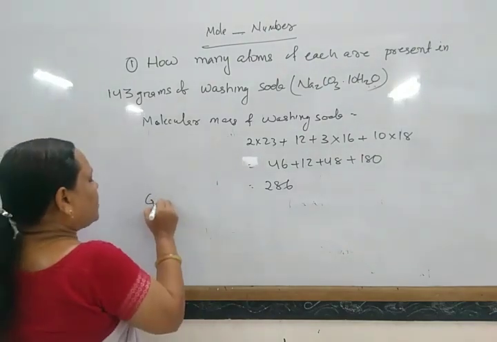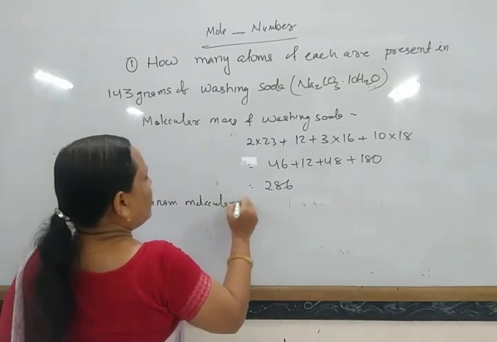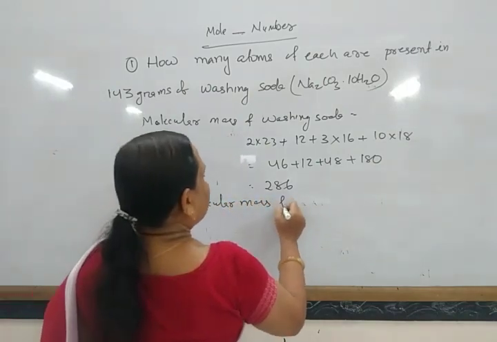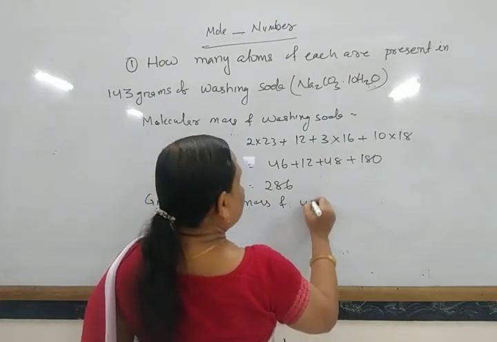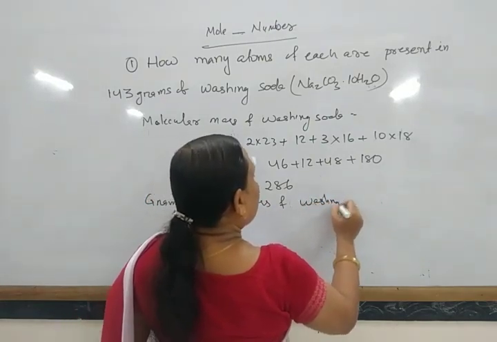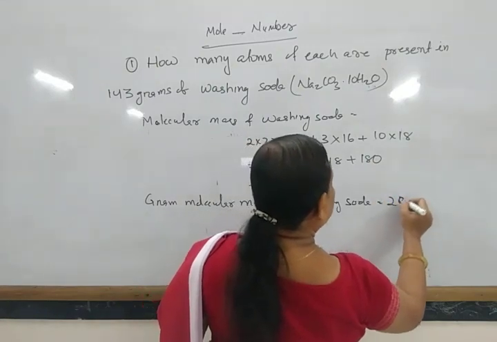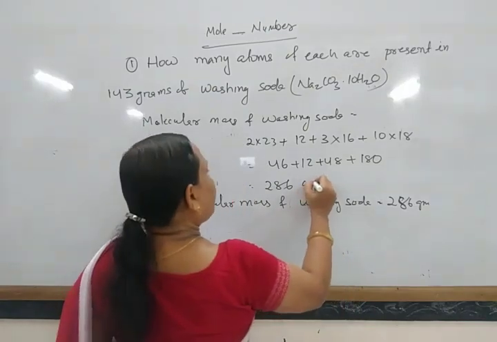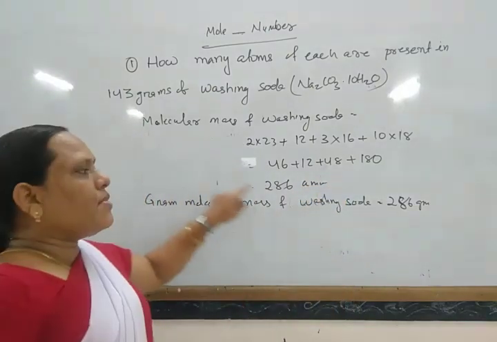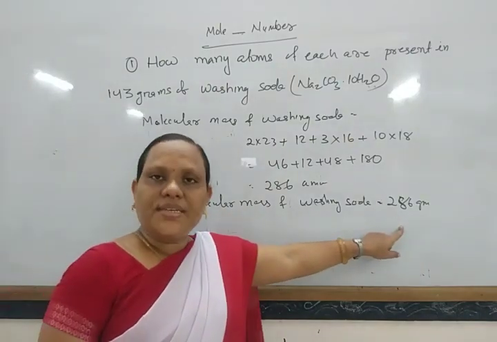Then gram molecular mass of washing soda is 286 gram. Molecular mass 286 AMU, gram molecular mass 286 gram.